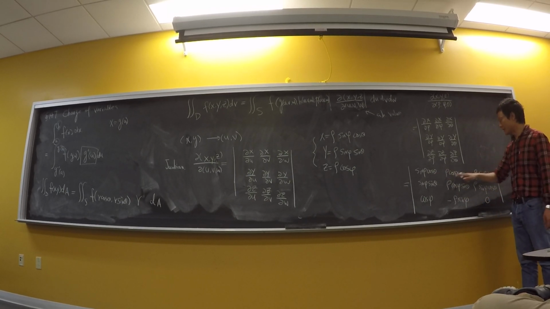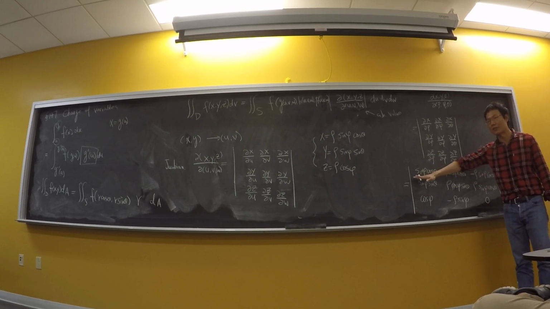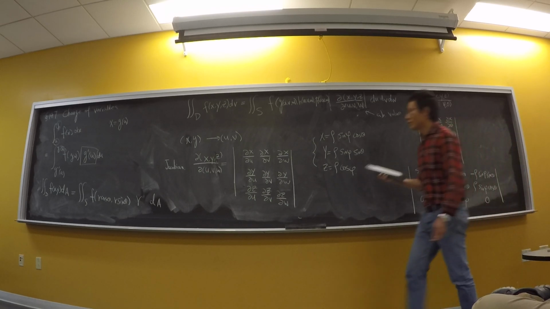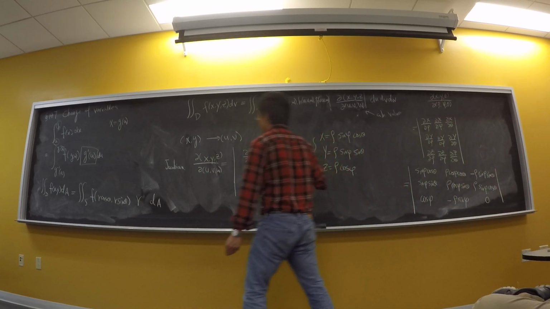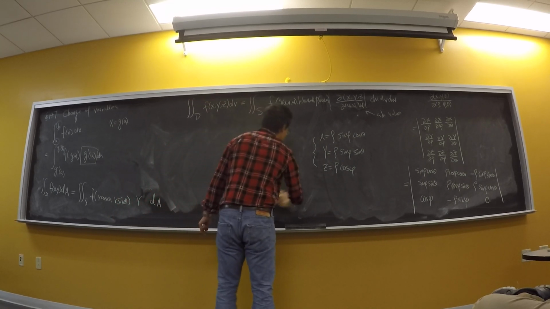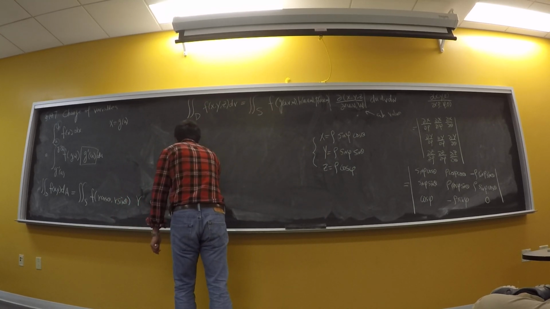I have i, j, k here, so I'm expanding the 3 by 3 matrix by the first row. In here, it's actually easier to expand the 3 by 3 matrix by the third row because you have a 0 here. Okay? You can expand the matrix by any row. Here, I don't want to spend too much time to talk about how to compute the determinant of a 3 by 3 matrix.